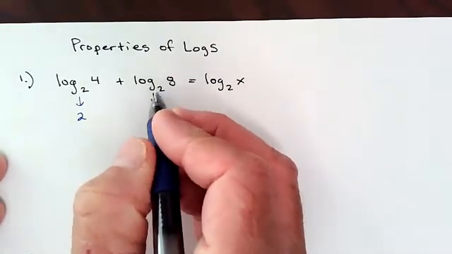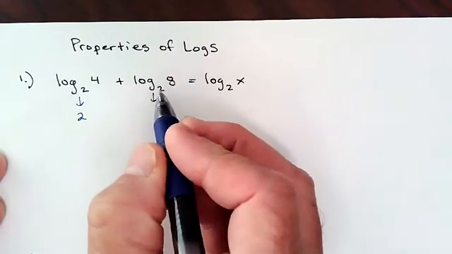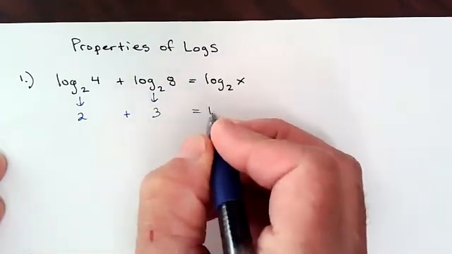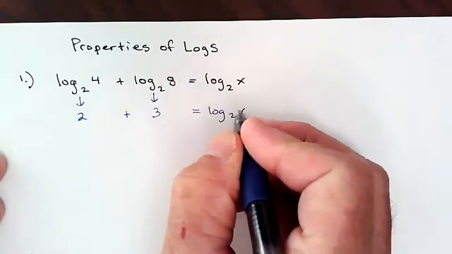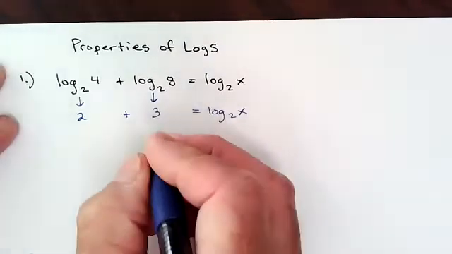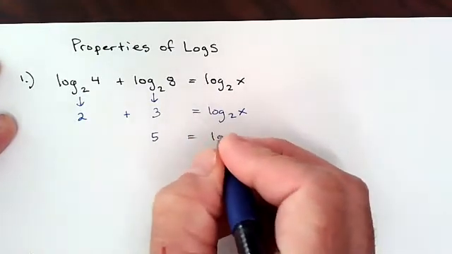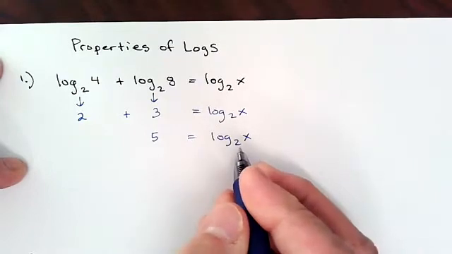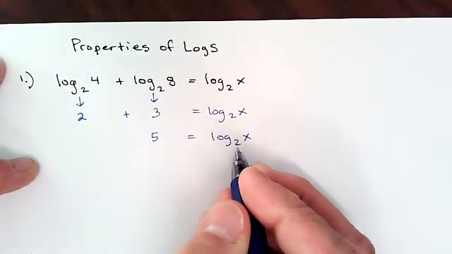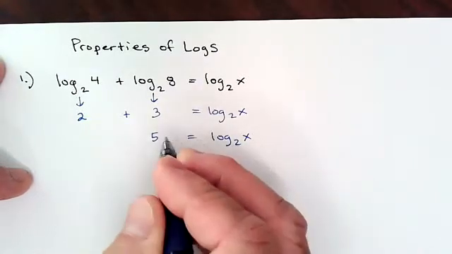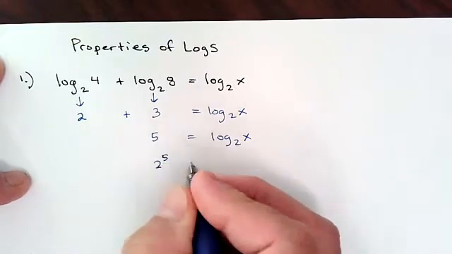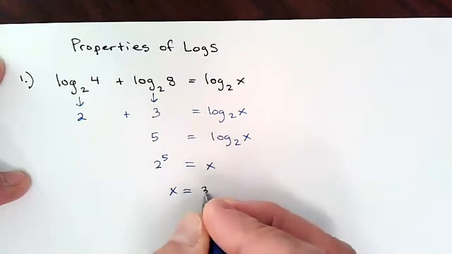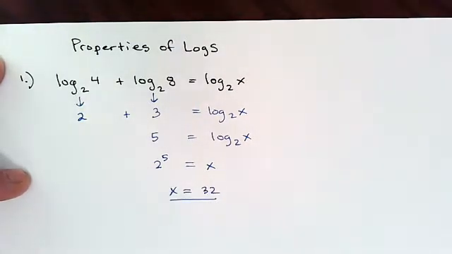Similarly, log base 2 of 8 is saying what power of 2 gives me 8? That would equal 3. So the left side becomes 2 plus 3, which is 5. And if I now put this into exponential form, what this says is my base to the 5th, so 2 to the 5th equals x. 2 to the 5th happens to be 32 is my answer.